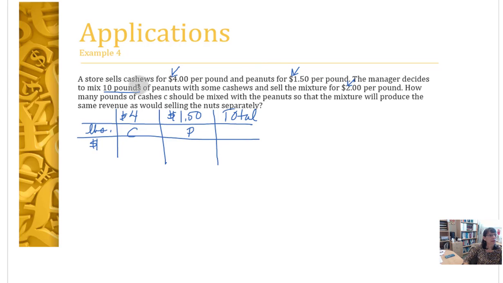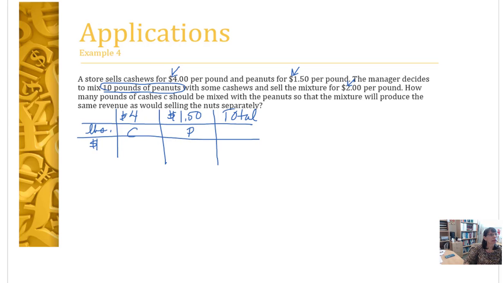Now if we look back into the problem, it says the store sells cashews for $4 per pound and peanuts for $1.50 per pound. The manager decides to mix 10 pounds of peanuts. So we actually know how many pounds of peanuts are needed this time.